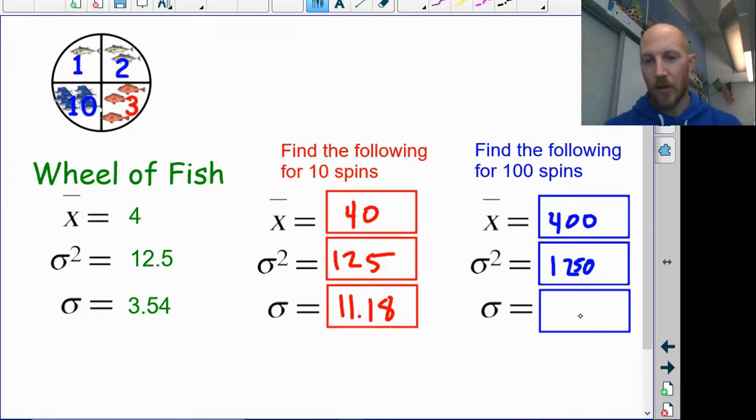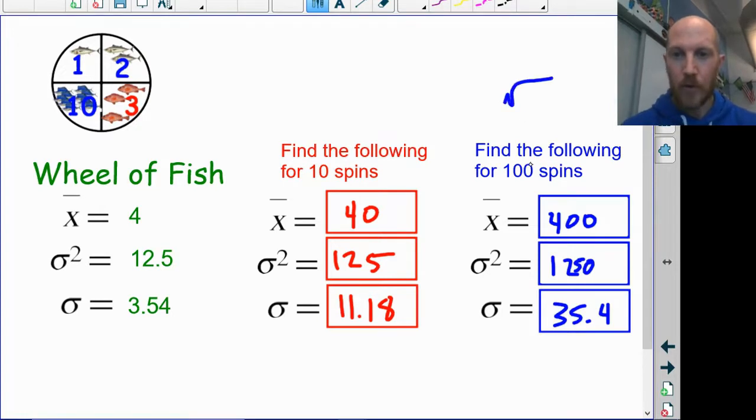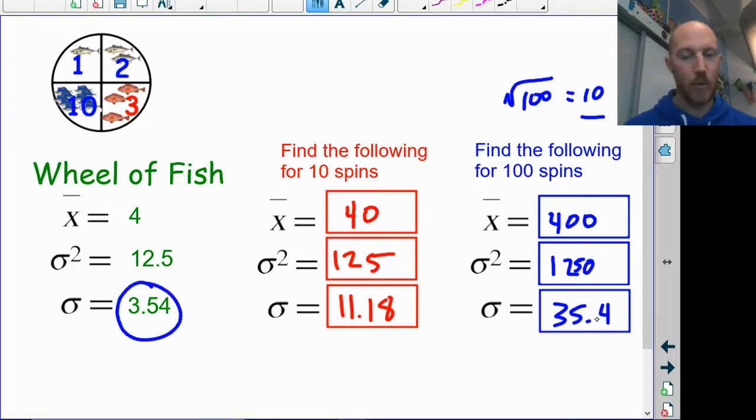And then for the standard deviation, do the square root of 1,250, which is 35.4. Or, check this out, 100 repetitions, square root of 100 is 10. You can multiply the original standard deviation by 10, and it will also give you that exact same 35.4, which sometimes is handy. A little bit of mental math goes a long way. Sometimes it's not so handy.